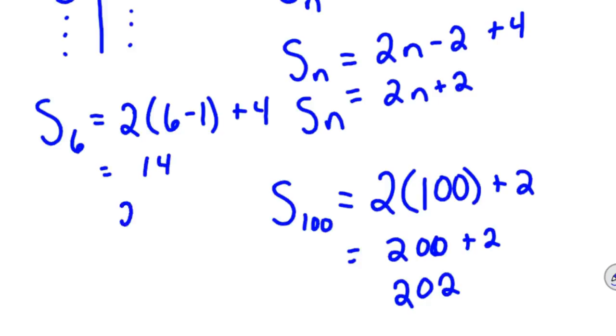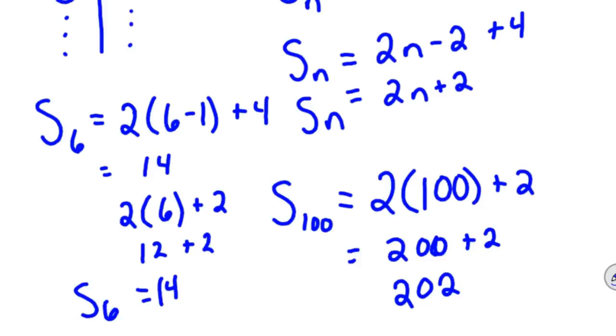Or you could have used the simplified version, 2 times 6 plus 2, or 12 plus 2, which is 14. So either one works just fine. At 6 tables we have 14, at 100 tables we have 202. That's the advantage of an explicit formula.